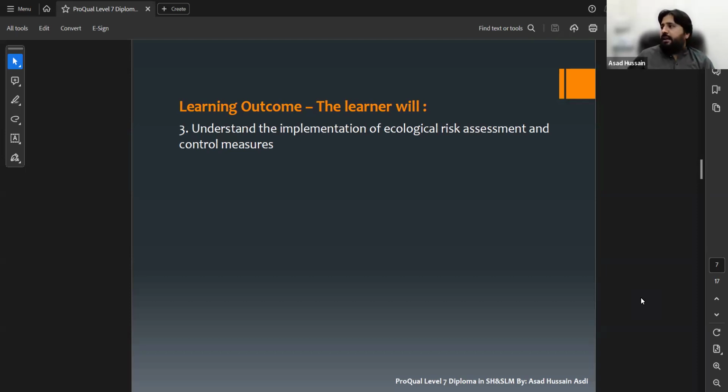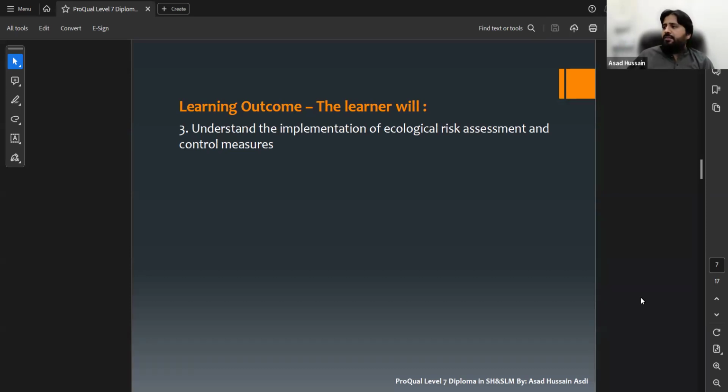From this learning outcome, you can see it is all about ecological risk assessments and control measures at your workplace.